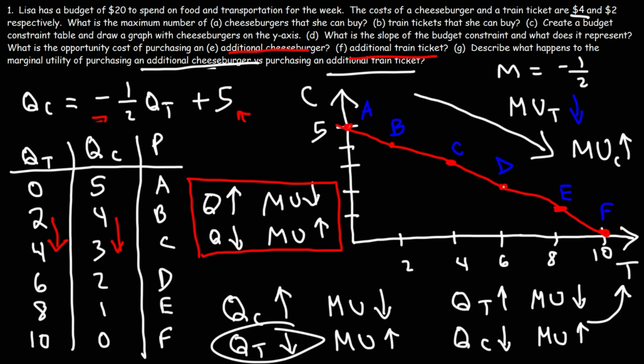So let's say we were to move from point D to point C. What happens to the marginal utility of the cheeseburgers? Well, because the quantity of cheeseburgers is increasing, the marginal utility of each additional cheeseburger that we buy is going to decrease.